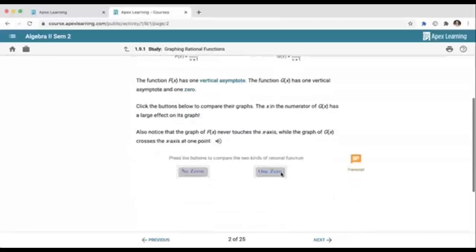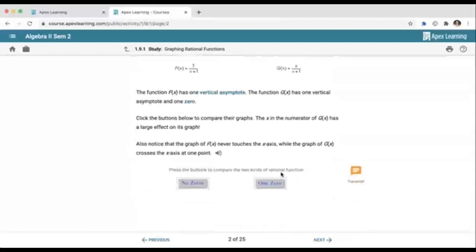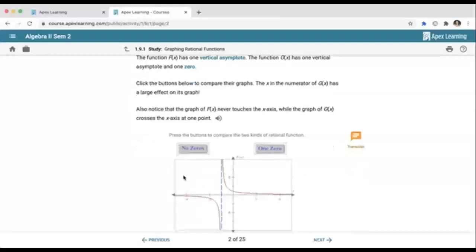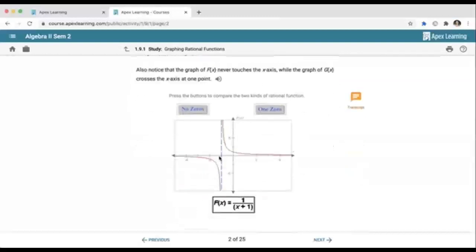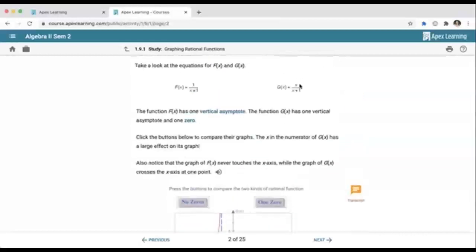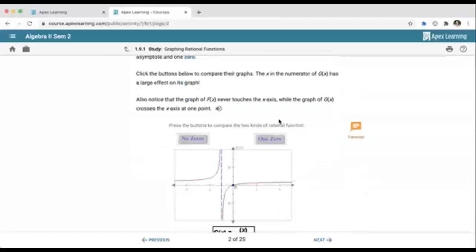If we look at our graph, for f of x with no zeros, it looks like this. It gets really, really close to the line, but it never touches. For g of x, we have one 0, at x equals 0. So we can notice that we have one place where it crosses the x-axis.